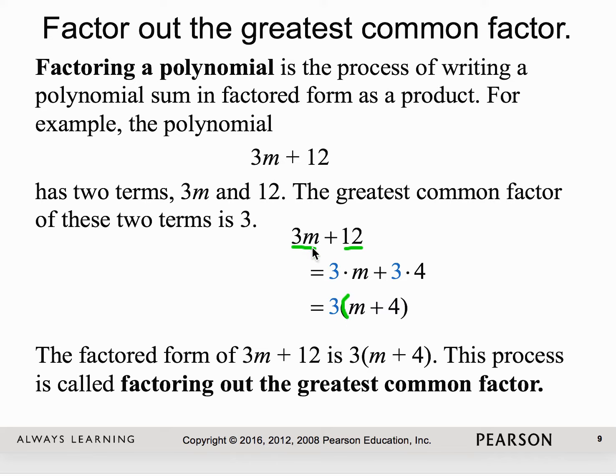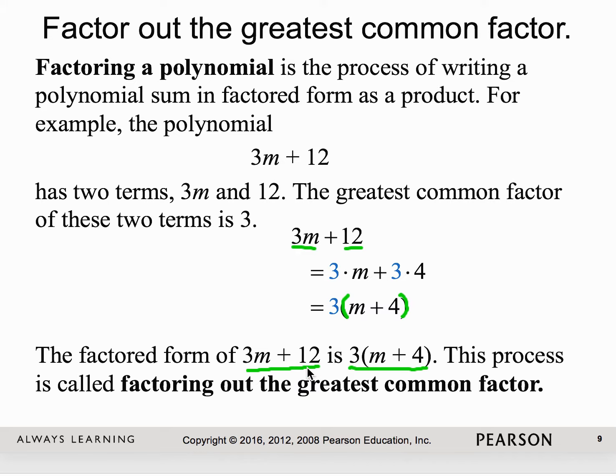So 3m, if you remove the 3, there's going to be an m left. And if you factor a 3 out of 12, or you divide a 3 out of 12, there's a 4 left. Okay, and then you close the parenthesis. So here's the factored form of this binomial.